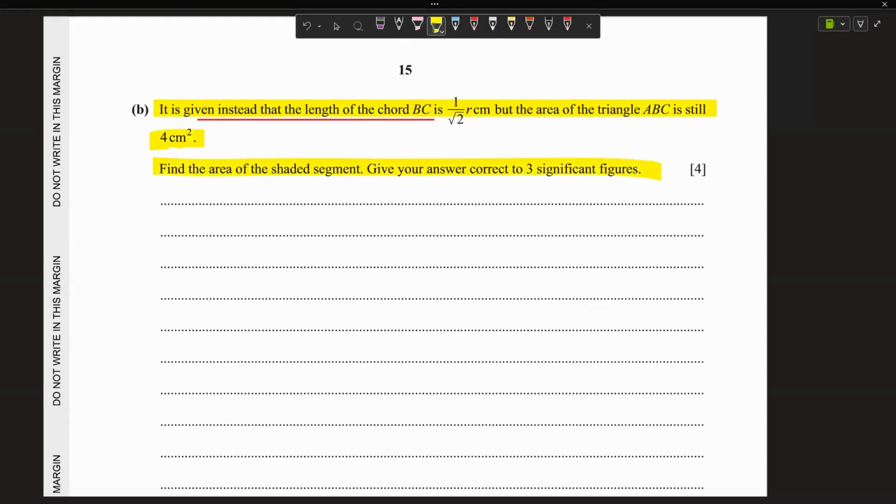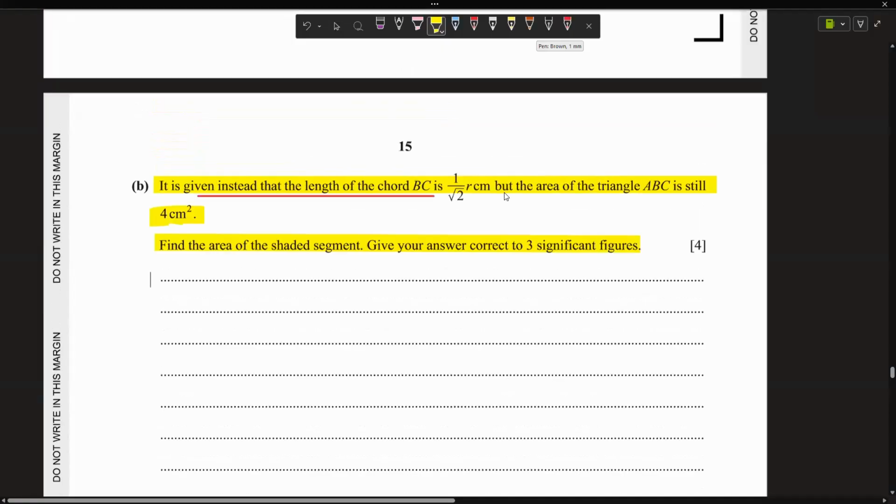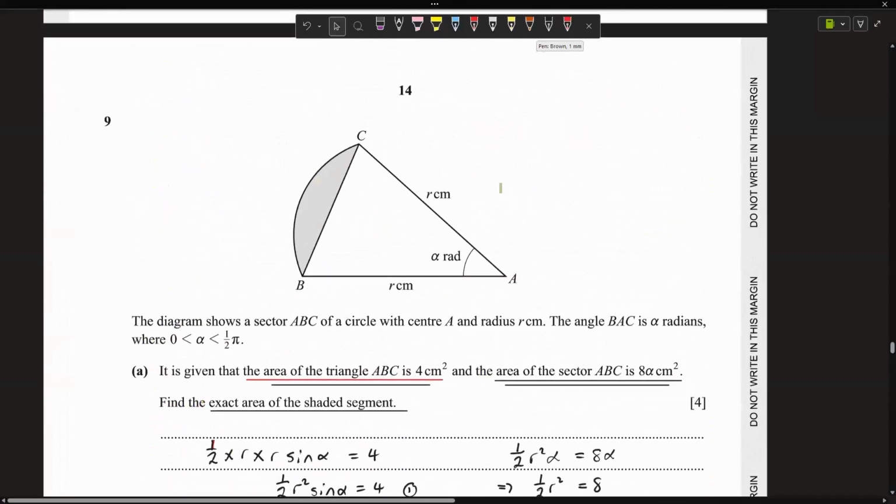Chord BC is this line here. So we're being told that the length of the line is 1 over root 2 of R. Let me put R here, sorry.